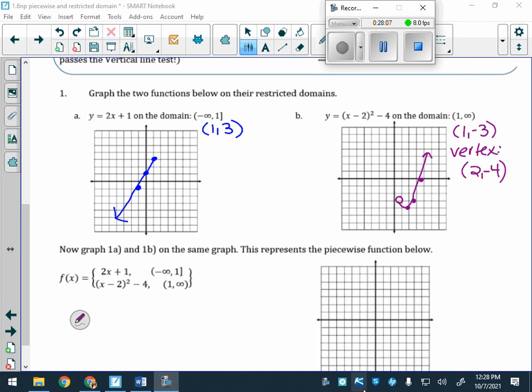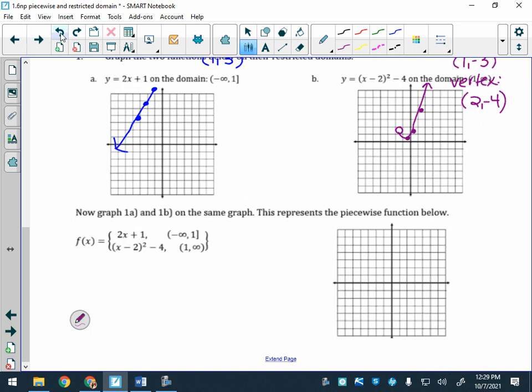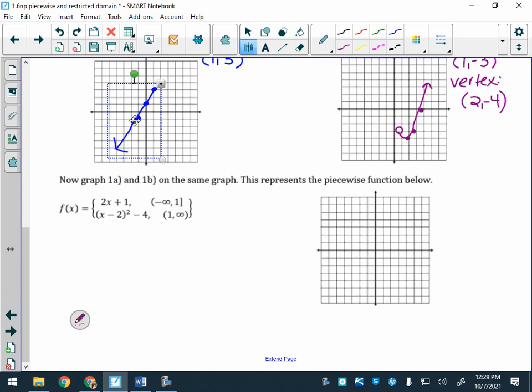And I continue. Now you take both of these pieces and graph them together on the same graph. So basically, I am taking this whole function. (1, 3) is here with a closed circle.